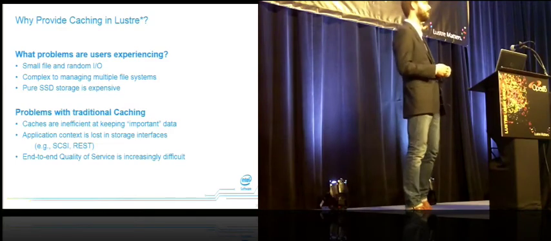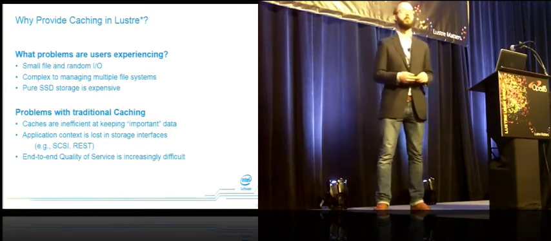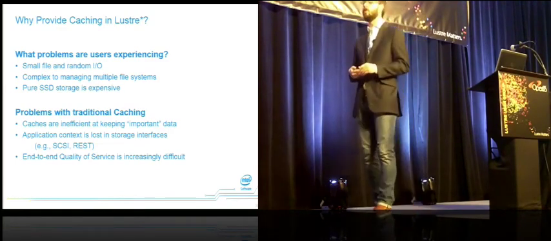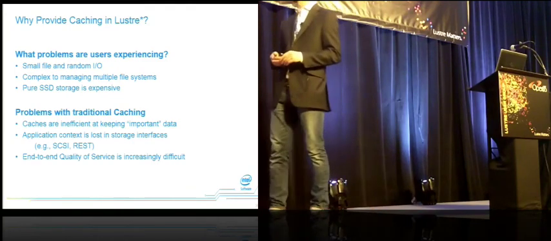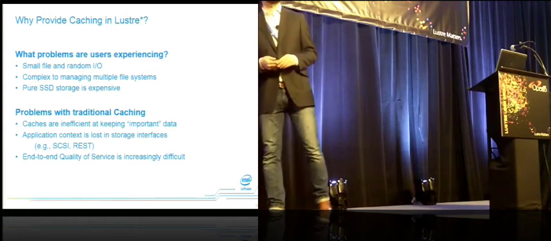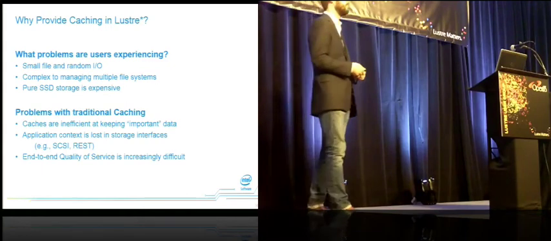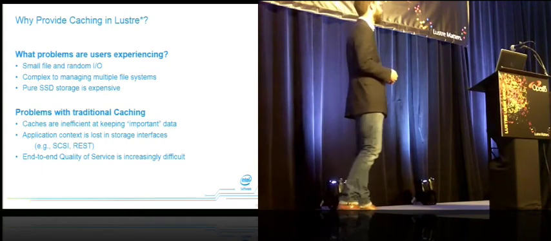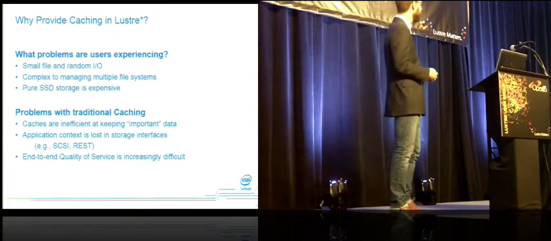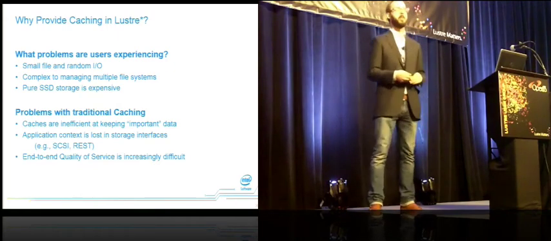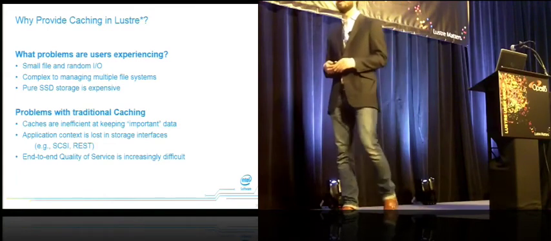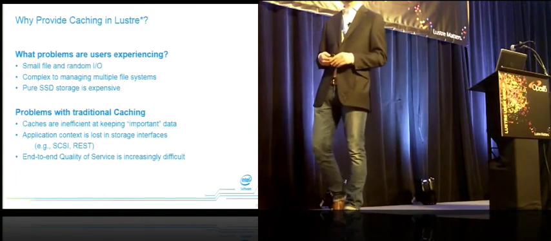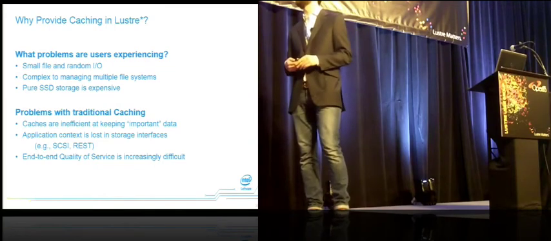Some of the customers that we've talked to will use Lustre for large sequential, and then they'll end up using other file systems or other storage to do some of the more small random I/O. They might deploy a filer or something like that to handle those kinds of workloads. That creates some difficulty managing multiple systems, and it's just not quite as ideal as being able to run different kinds of varied workloads all on one storage system.